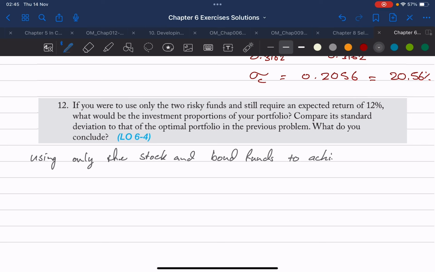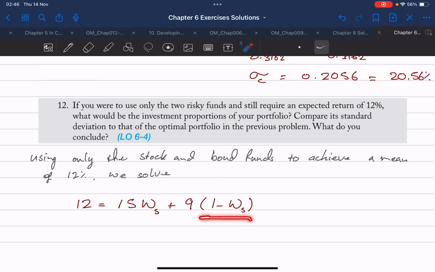Using only the stock and bond funds to achieve a mean of 12%, we need to solve for the following formula. 12 equals 15 multiplied by the weight of stocks, where 15 is the expected return on the stock fund, if you remember, plus 9, which is the expected return on the bond fund, multiplied by 1 minus the weight of the stock fund, which represents the weight for the bond fund, which is 100% minus whatever we allocate to the stocks.